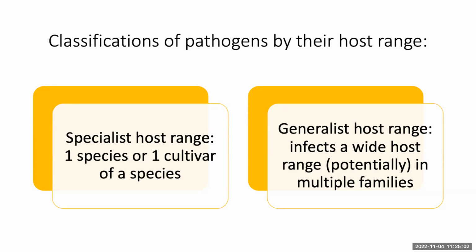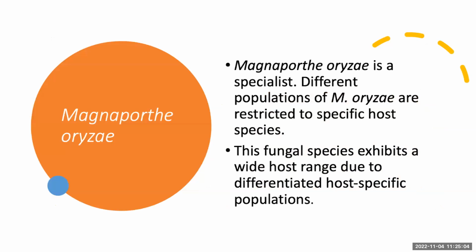Now, Magnaporthe oryzae is considered a specialist, but specialists can still possess the mechanisms that generalists use to host jump and host expand. Magnaporthe oryzae has many different strains that have host specialized populations. Therefore, the whole species has a very wide host range.